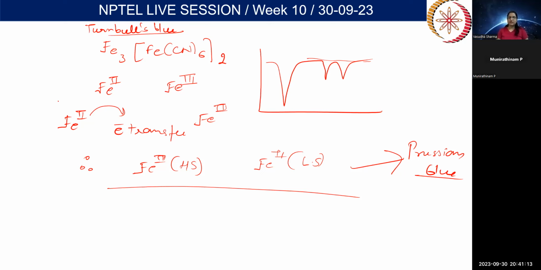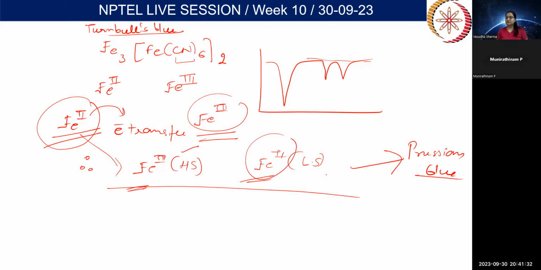There we got to know what is happening. The Fe2 in case of Turnbull blue is giving one electron to the inner iron. Therefore, it makes the inner one Fe2 and it itself becomes Fe3. Since it is outside, it will make a high spin, and the inside one is bound with CN, so it will remain as low spin. This is the similar case of Prussian blue.